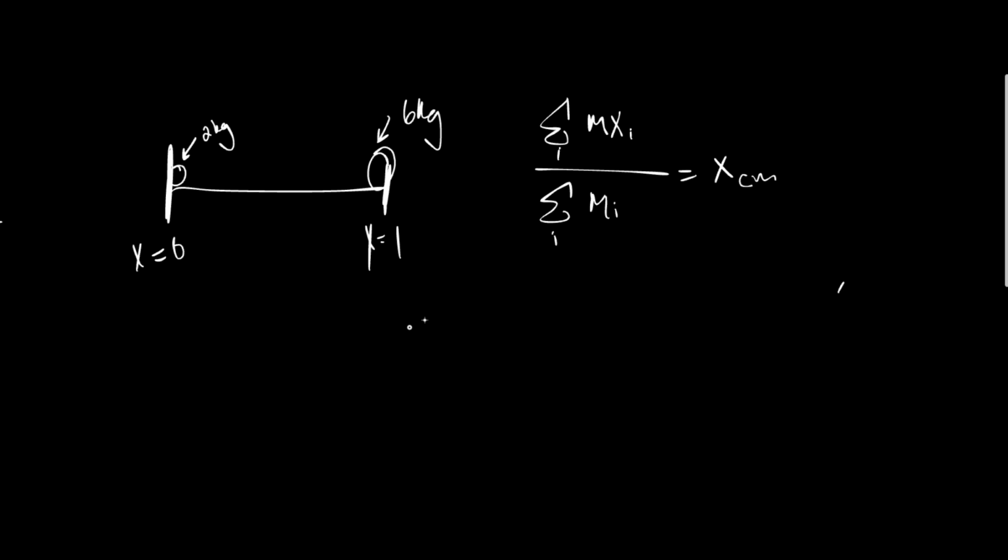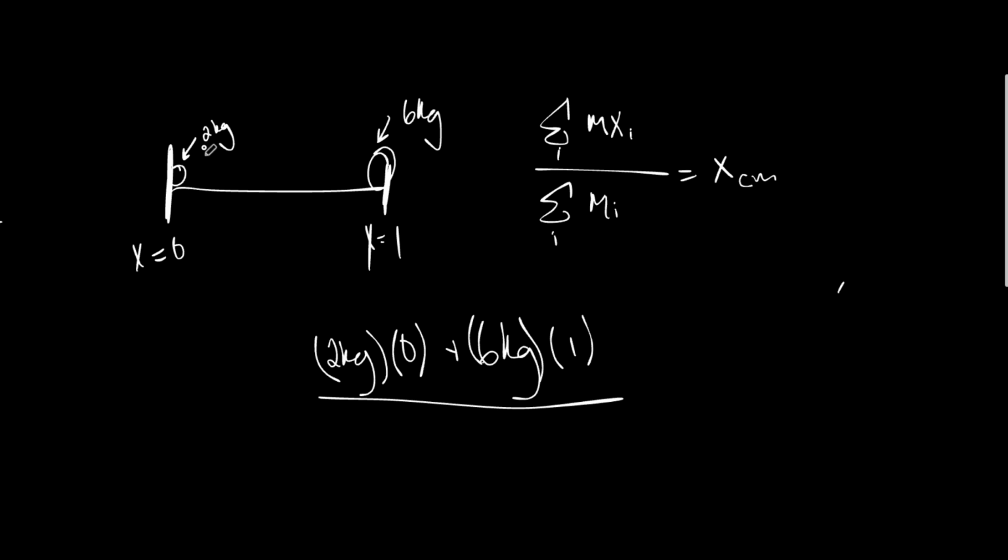So our known variables are 2 kilograms, 6 kilograms, and the position. So we can do 2 kilograms, and the position is 0, plus the other object, which is 6 kilograms, times 1. And we know 6 plus 2 is going to be 8 kilograms, where we're adding all the masses together.